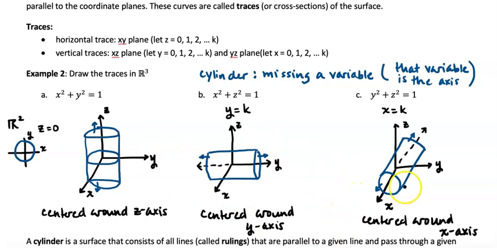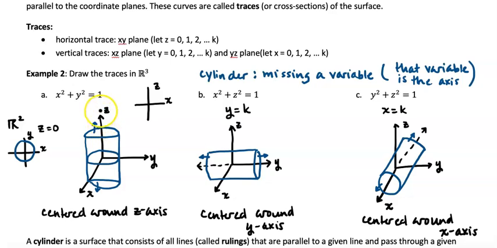Now let's talk about the actual traces of these cylinders. So if we were to cut this vertical cross section in this first cylinder, now we already talked about the cross section. If we were to cut this on the xy plane, it would look like a circle. What about on the xz plane?